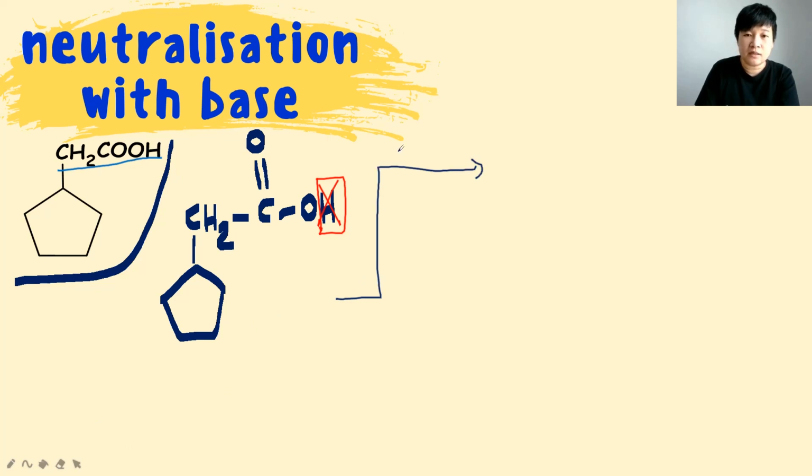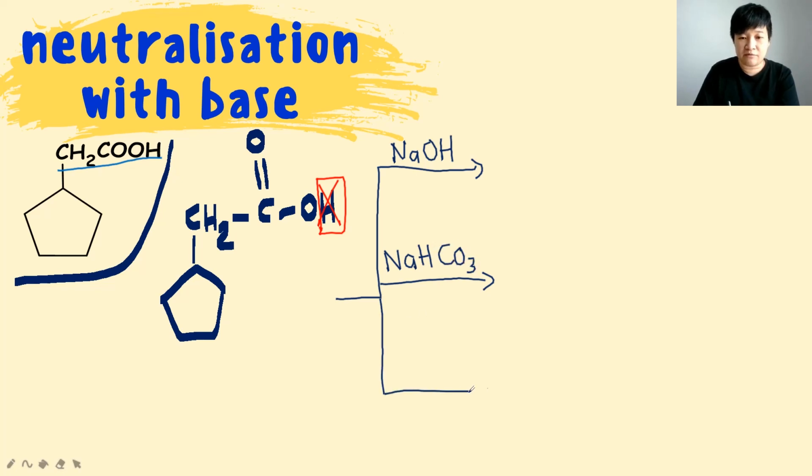The first one is your sodium hydroxide, NaOH. Second, you can react with your sodium bicarbonate, so you have your NaHCO3. Last but not least, you can react with your sodium carbonate, which is your Na2CO3.